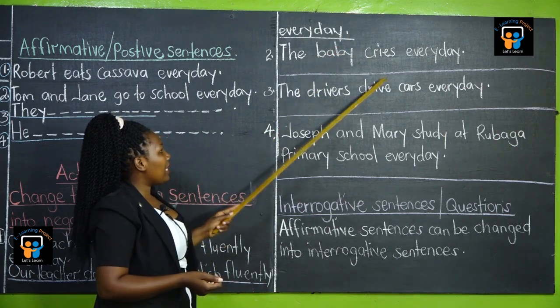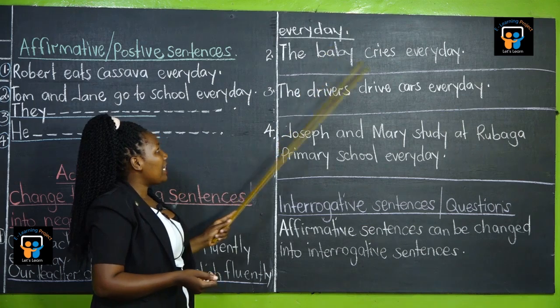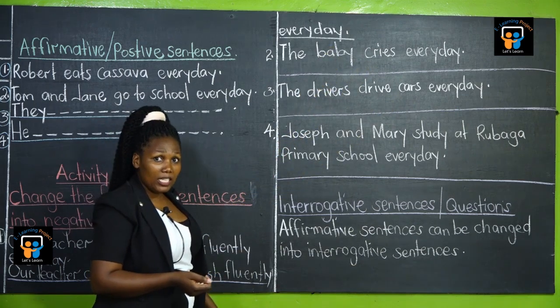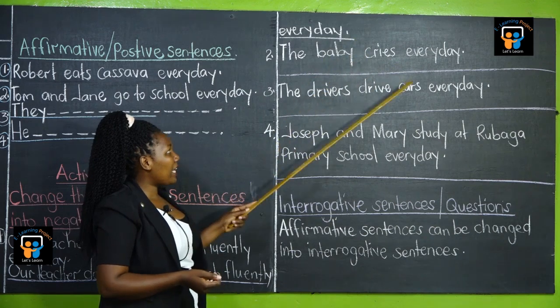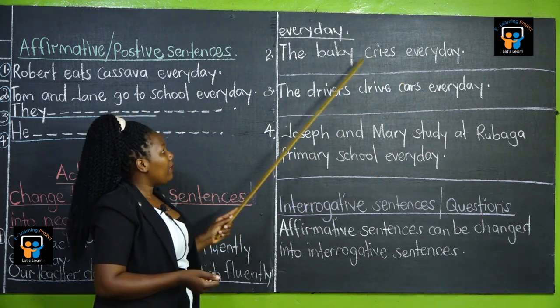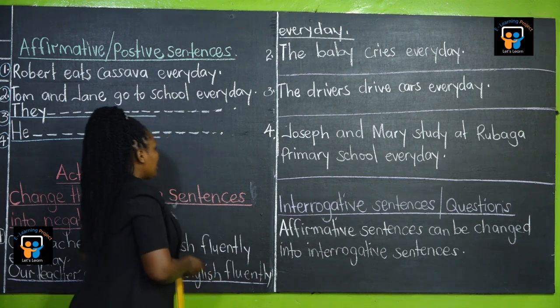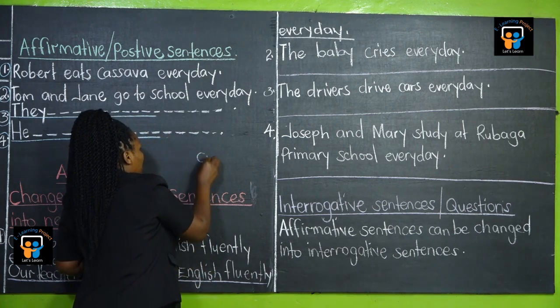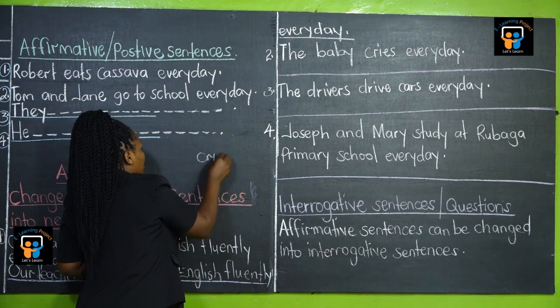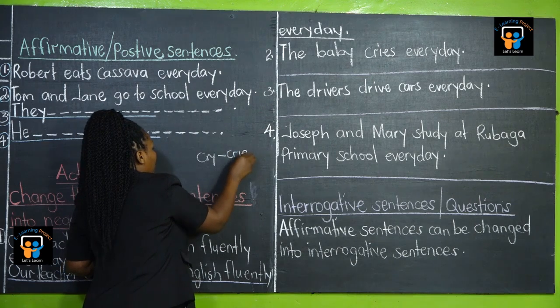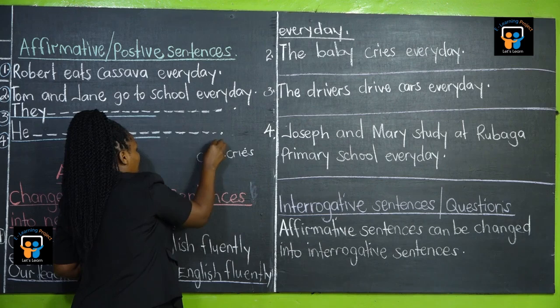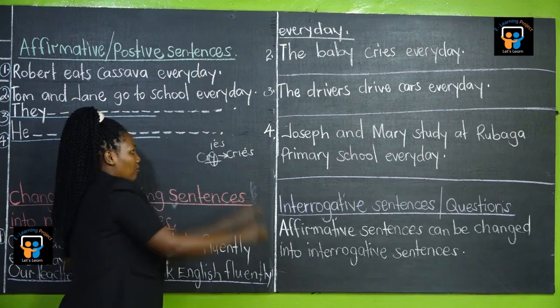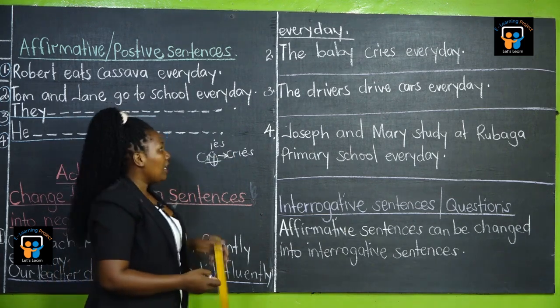The baby cries every day. The baby doesn't cry every day. Are you getting it? Remember that cries comes from the verb cry, where we change Y to I and add S to make it cries.